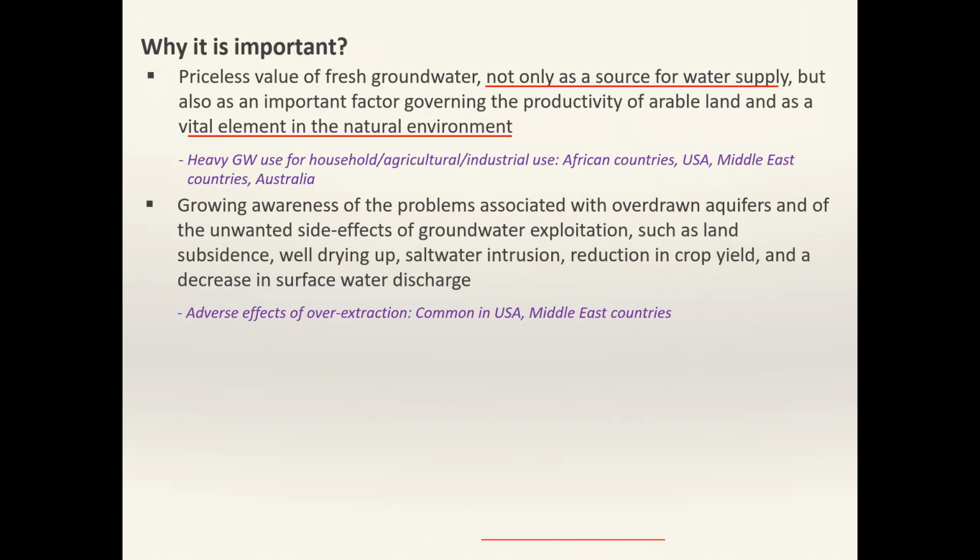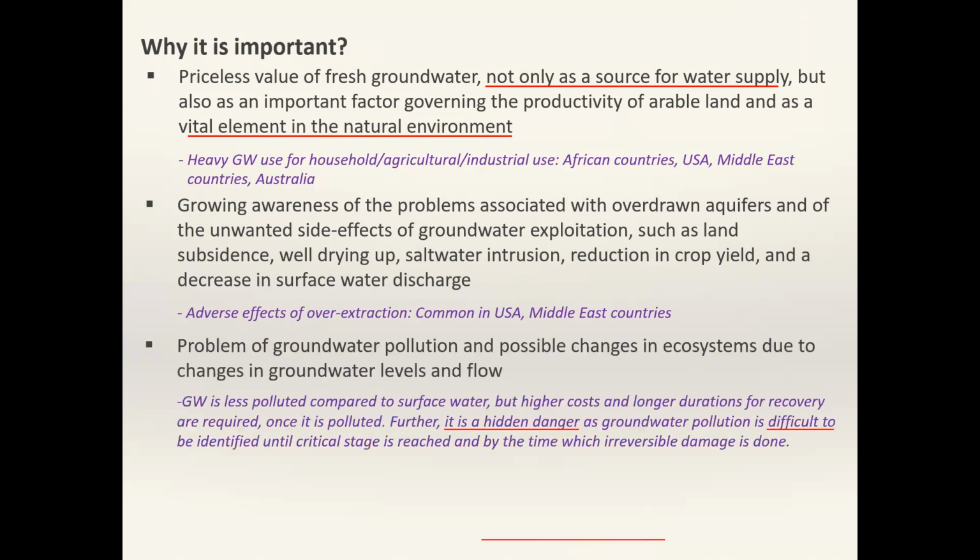But still, countries like Thailand, then Indonesia, have serious issues with the groundwater pumping and the land subsidence. Then well drying up, saltwater intrusion, seawater intrusion, reduction in crop yield, and decrease in surface water discharge. They are the serious issues of this groundwater imbalance.